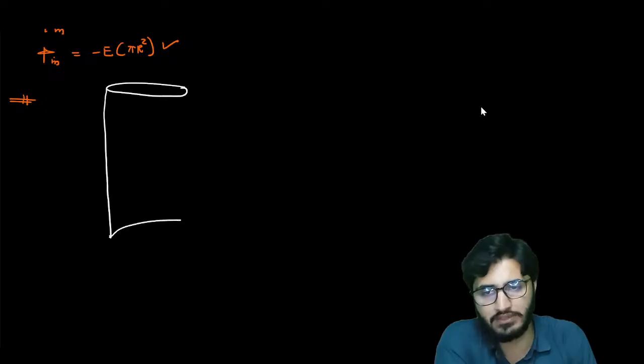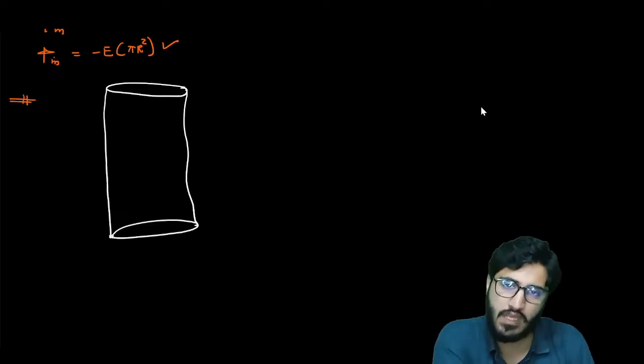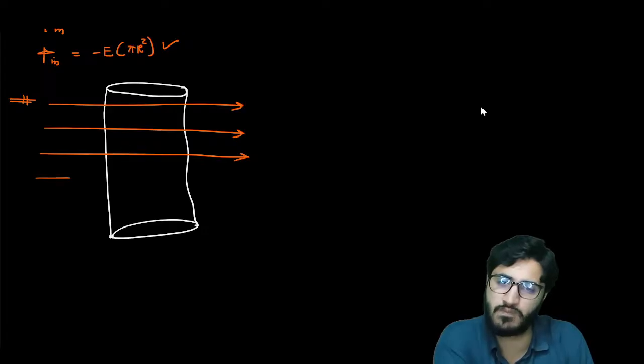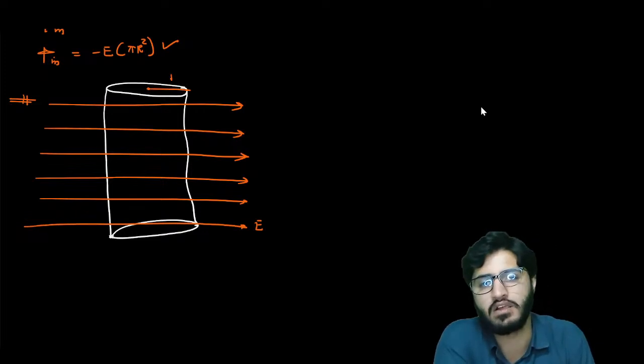My cylinder is in this position now, and the electric field lines are in this way. These lines represent electric field lines, and the radius is R, length is L.